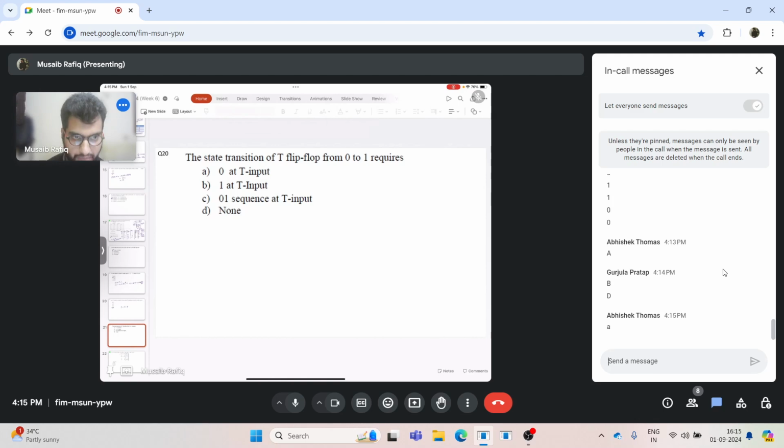You can tell me. I have 0, it requires from 0 to 1 requires. If you give 0 at the T input, it will stay 0, right?